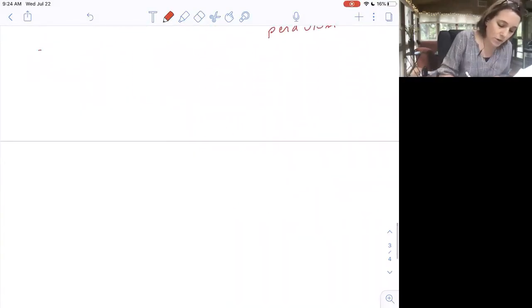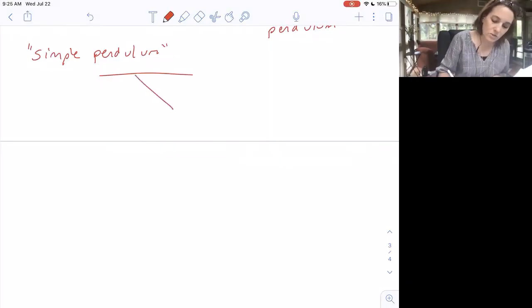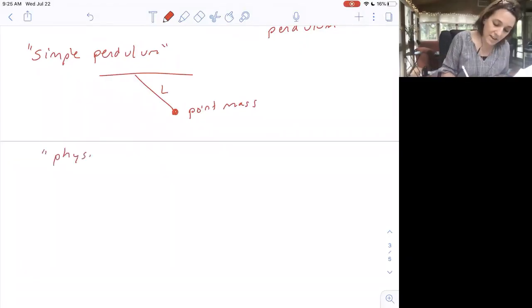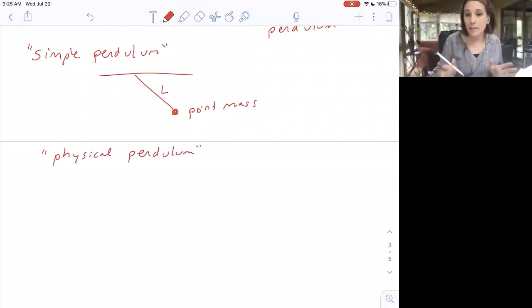One thing I will note here is that the simple pendulum is simply a massless string with a point mass at the end. So this would be what we consider to be a simple pendulum, and then everything else is what we consider a physical pendulum. And it could be anything, literally anything.